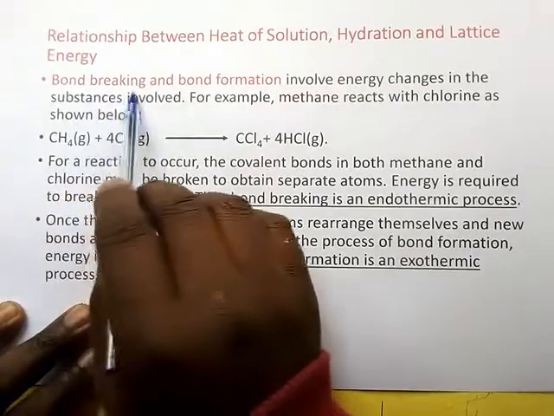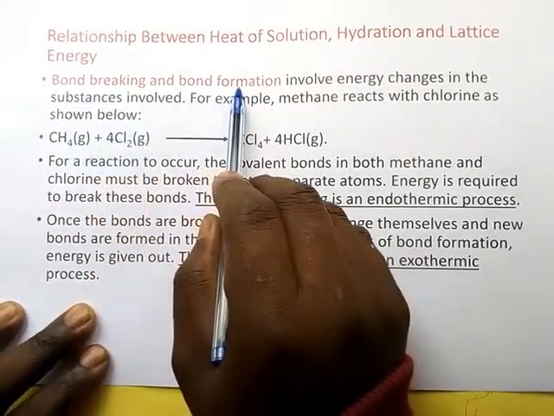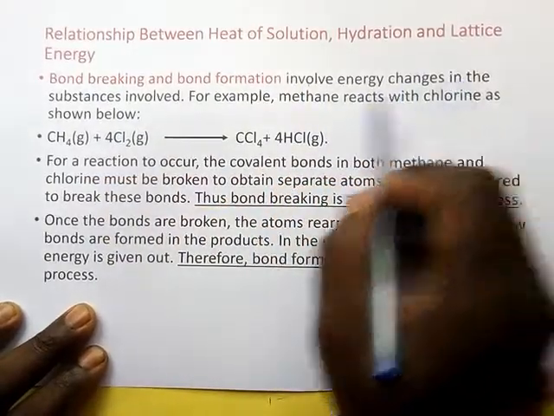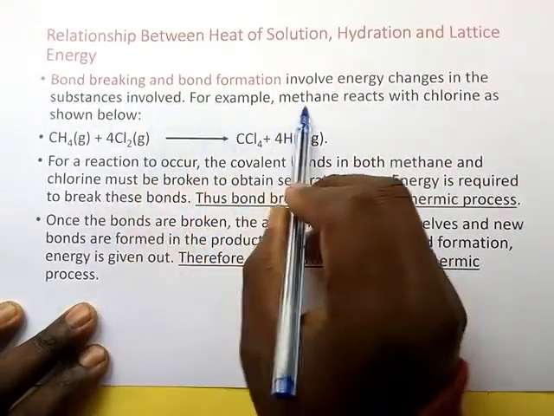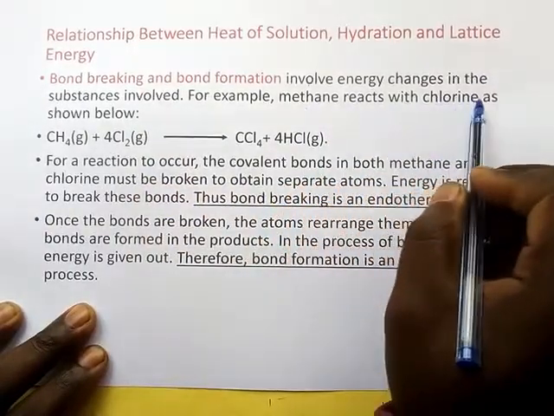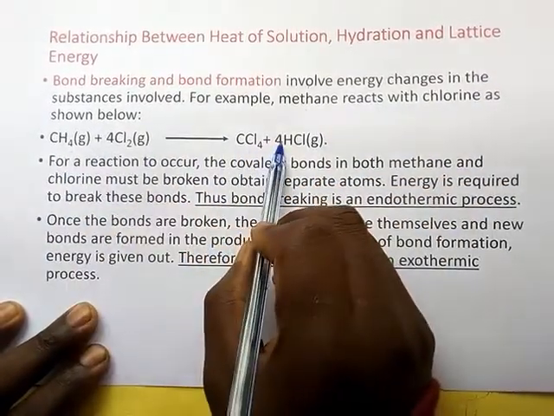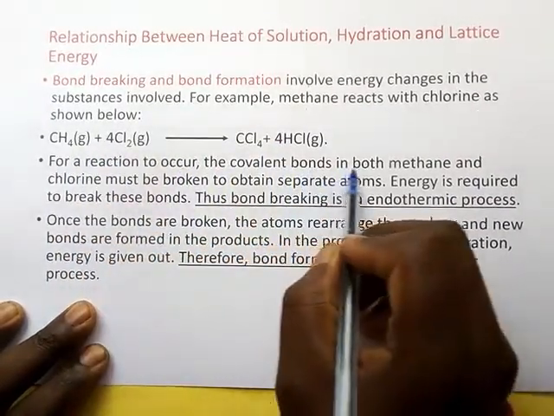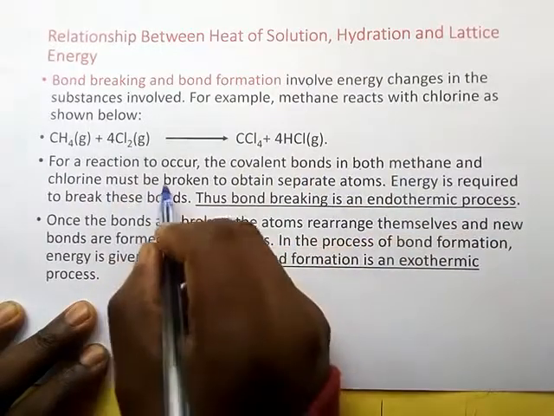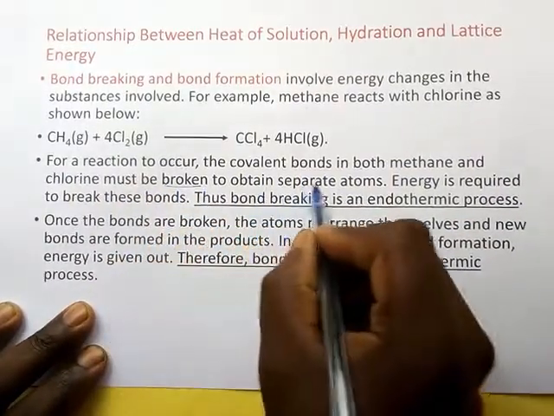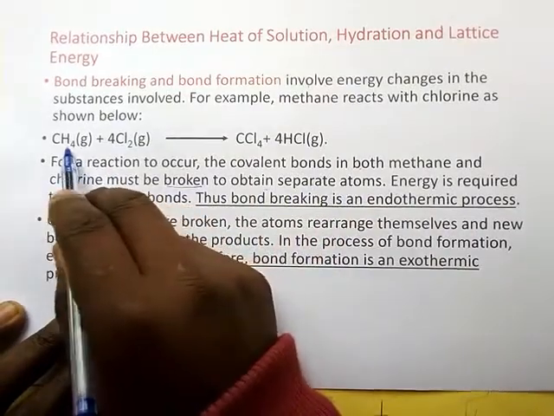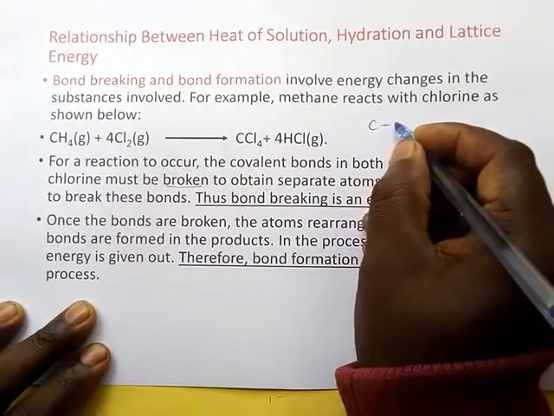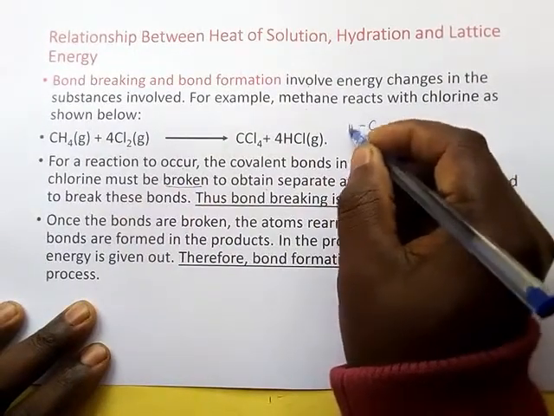Next, we want to remind ourselves about bond breaking and bond formation. Bond breaking and bond formation involve energy changes in the substances involved. For example, when methane reacts with chlorine, like you can see in this equation, for the reaction to occur, the covalent bonds in both methane and chlorine must be broken to obtain separate atoms. So for chlorine to react with methane, the bonds in methane must break like this: hydrogen, hydrogen, hydrogen, hydrogen.